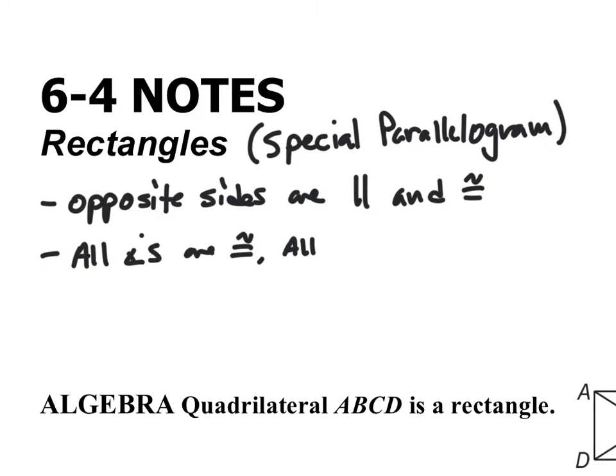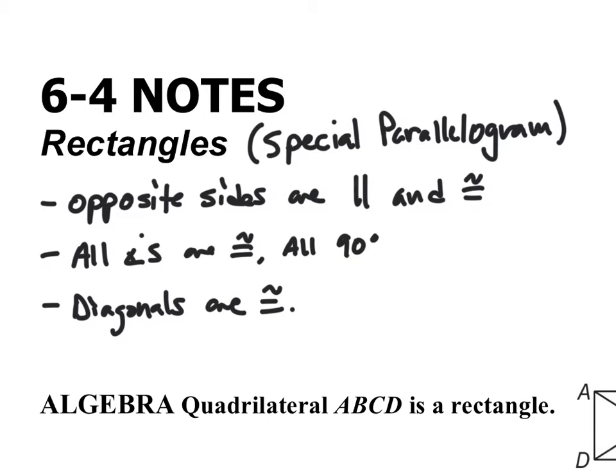And the most important thing that we know about a rectangle is that the diagonals are congruent. So we can tell if something is a rectangle based off of these properties.